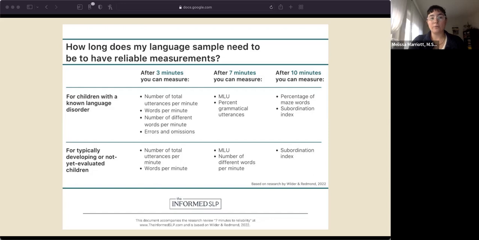So we can feel confident about using short language samples, particularly if you're using a language sample as one of multiple data sources in a really comprehensive assessment, and also as a progress monitoring tool. So I write in my goals a lot of times that a student is going to do X, Y, or Z skill as measured by a language sample.